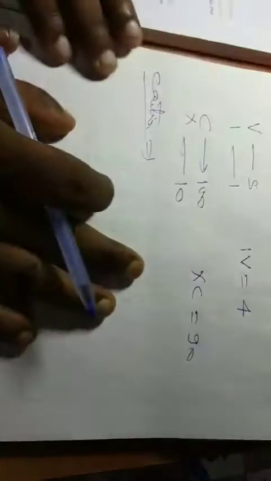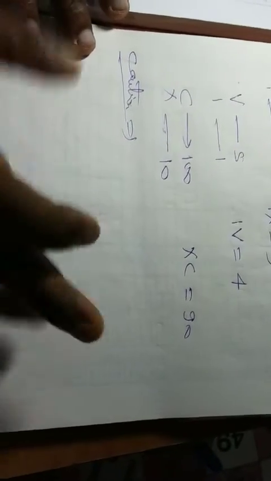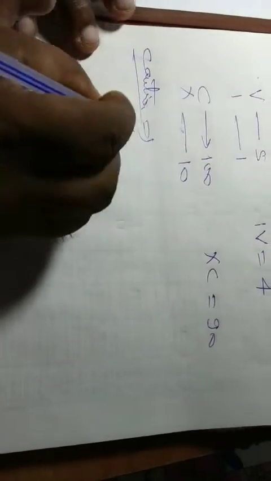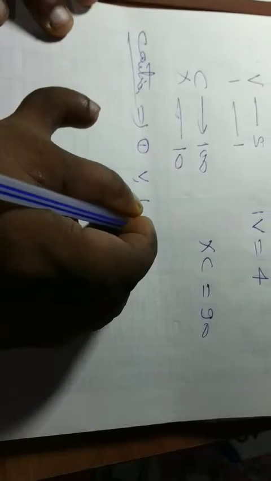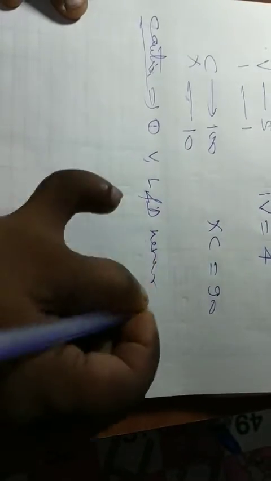But in rule number 3, which numeral is subtracted and which cannot be subtracted? Students, only V, L and D are never subtracted.